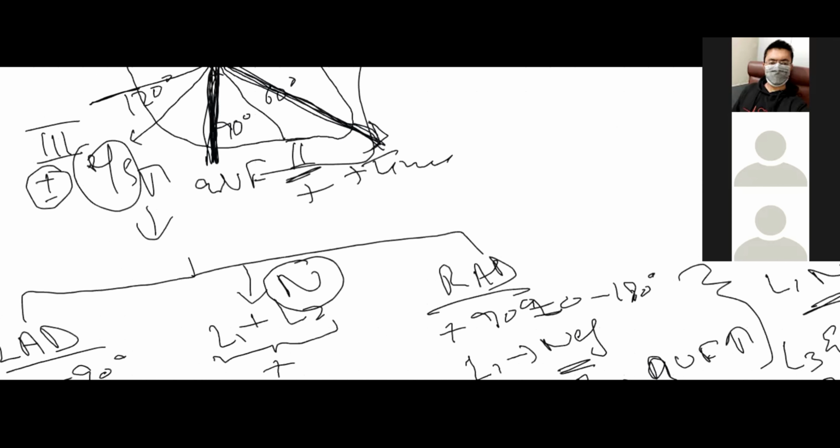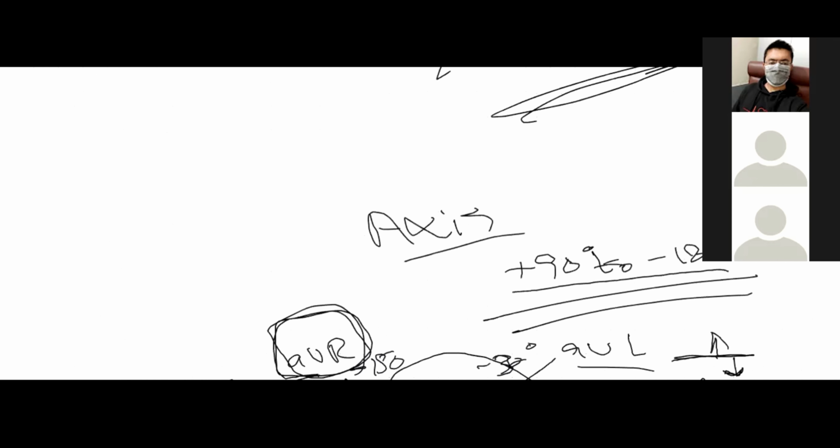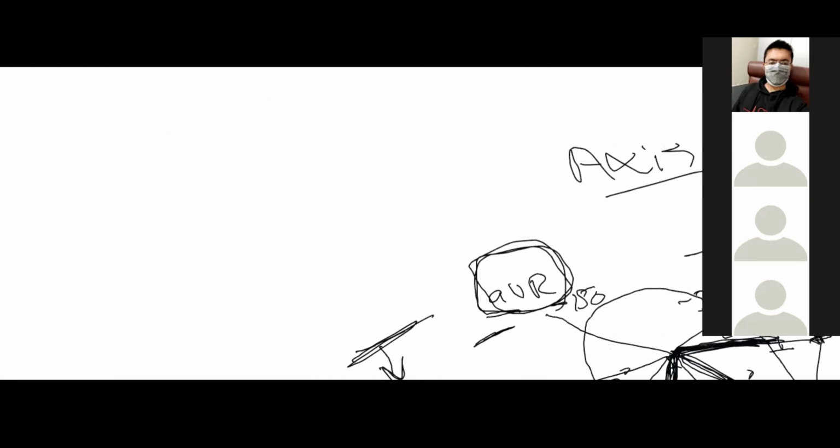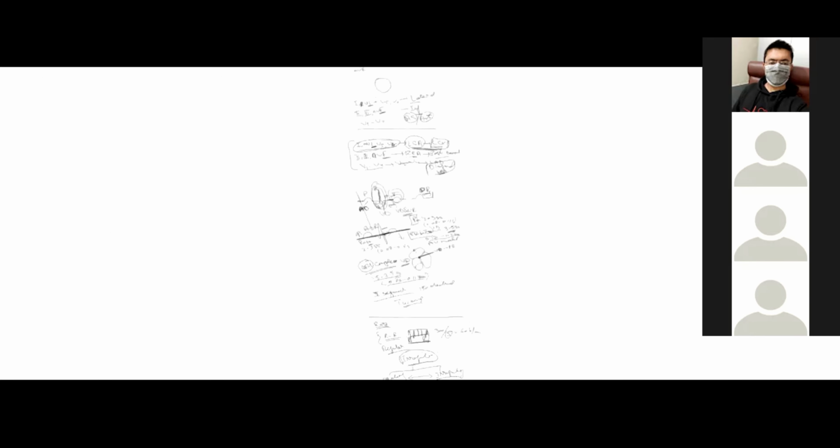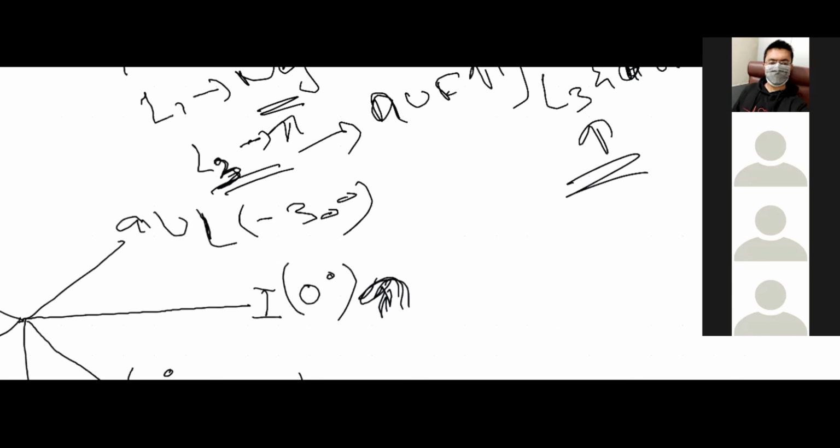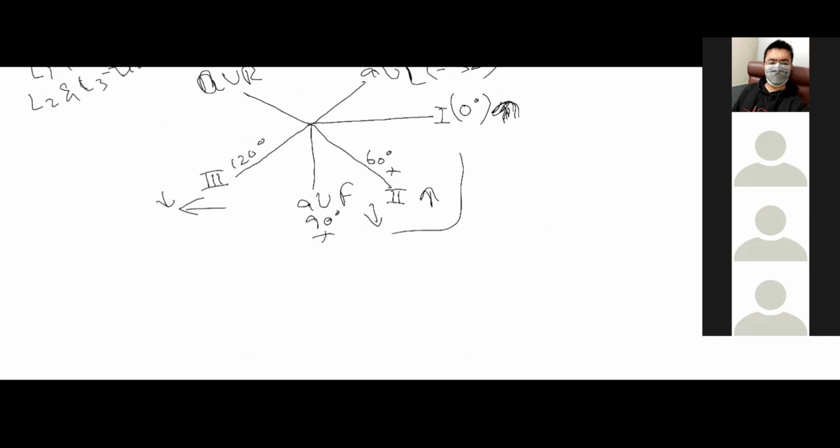So far we have discussed rate, rhythm and axis. So let's conclude the axis. In left axis deviation, how will we interpret it?